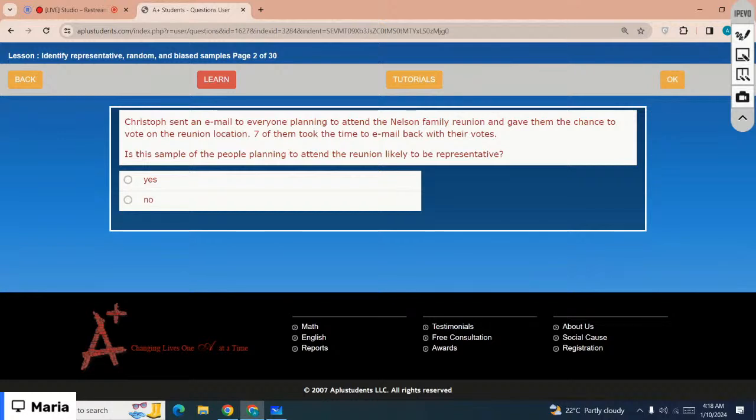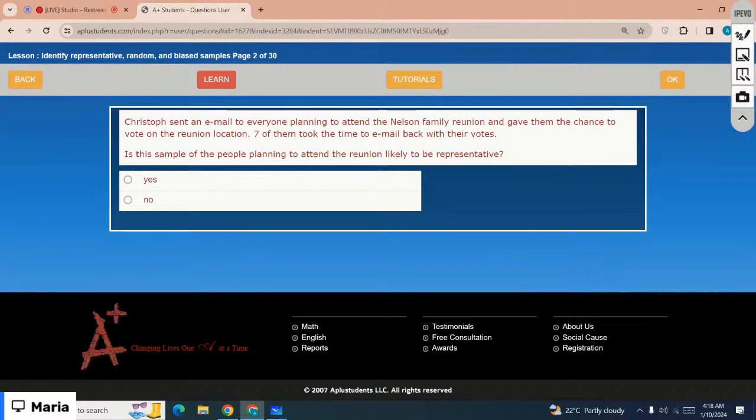So, seven of the people just responded back with their votes, right? For the sample to be representative, the people who took the time to vote might not be similar to the other people who didn't vote.